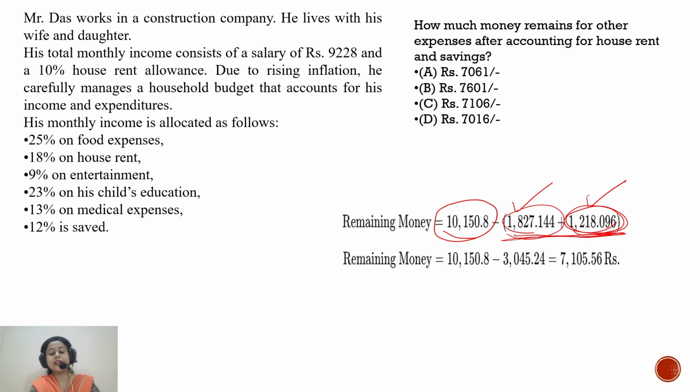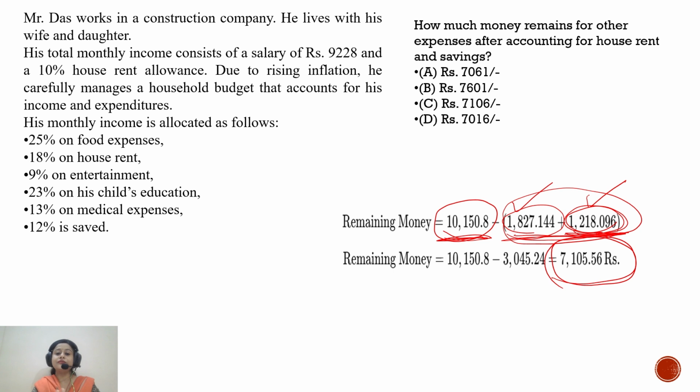Here I have taken up to 3 decimal points, but it's okay if you take only the integer part. You have to subtract the summation of the expenses spent on these two from the total income. If you subtract this, you will get the remaining money.